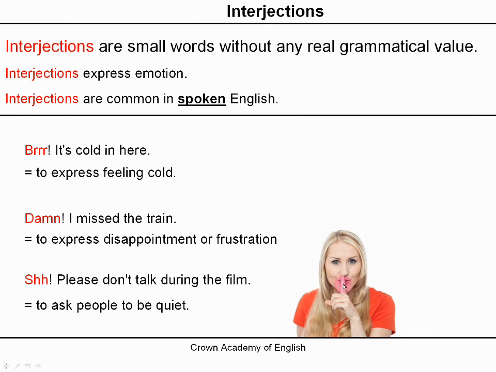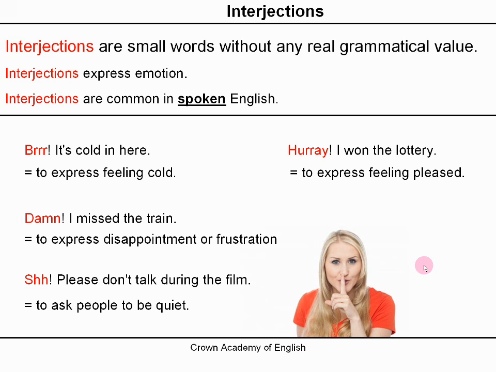And here the lady is showing the physical gesture that we use in English when we want someone to be quiet. We put the finger in front of our lips and then we say shh. And finally, hooray, I won the lottery. So hooray is expressing feeling pleased. So we are happy, we are pleased. Okay, so those are interjections.